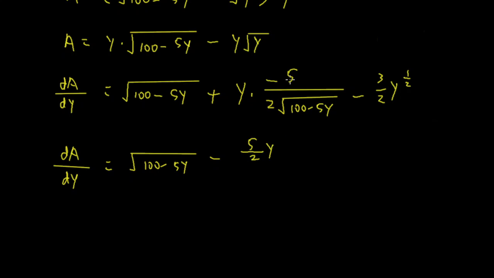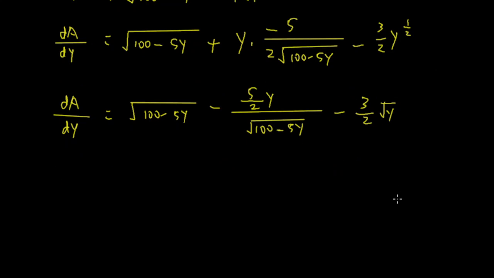So I will move the constant 2 up here, and then times y, right? All divided by square root of 100 minus 5y. Minus, this will be 2. Okay, 3 over 2. So 3 over 2 square root of y.